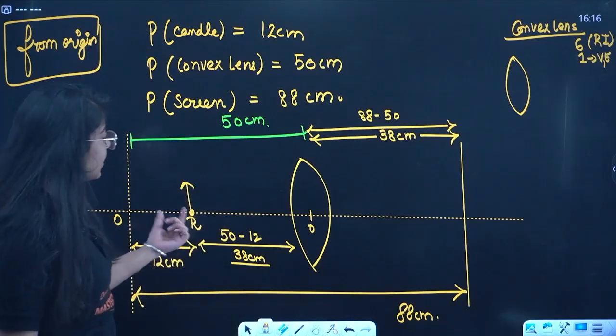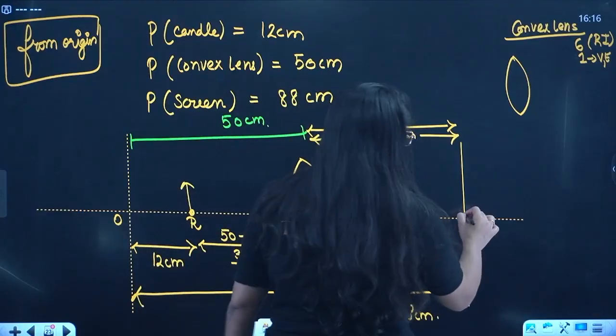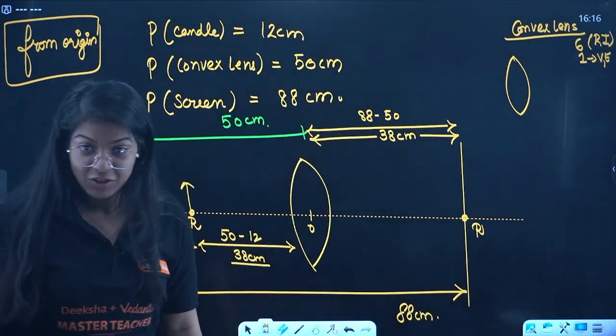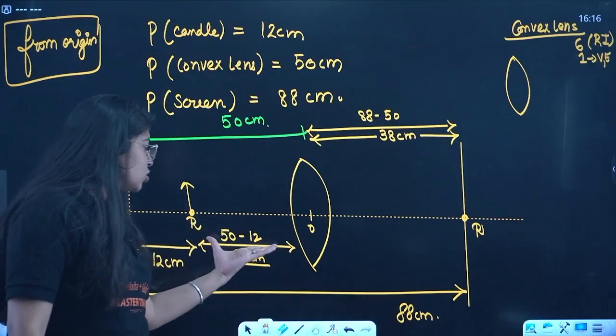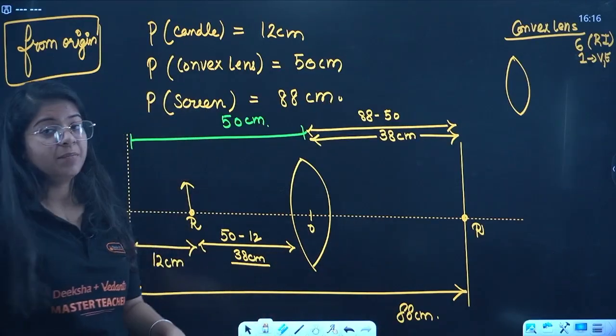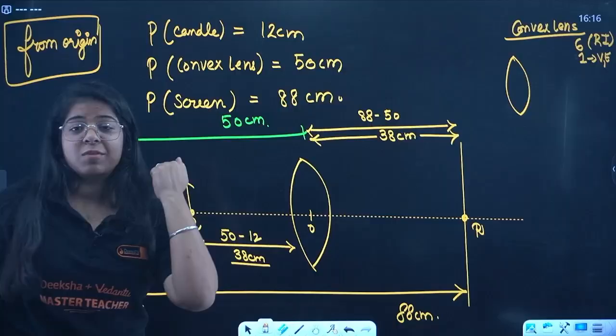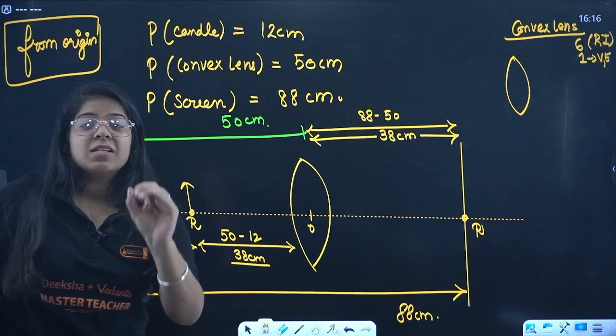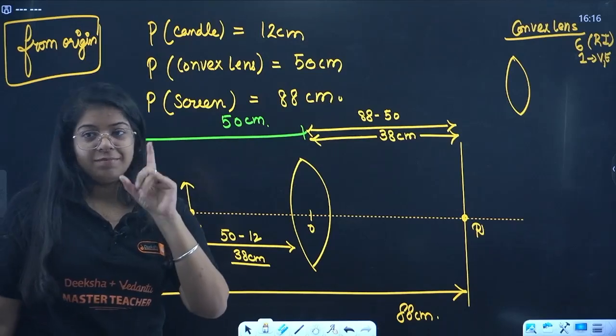Radius of curvature. That means whatever this screen is also placed at radius of curvature, because this is also 38 centimeter, this is also 38 centimeter. Object distance is equal to the image distance, and that happens only in one case, when the object is placed at radius of curvature. Done?